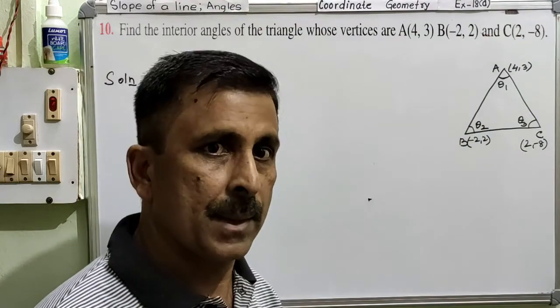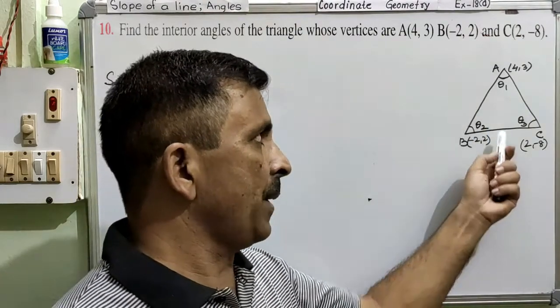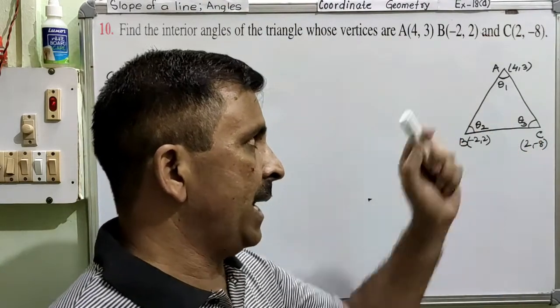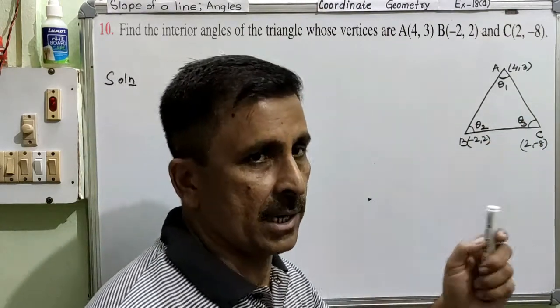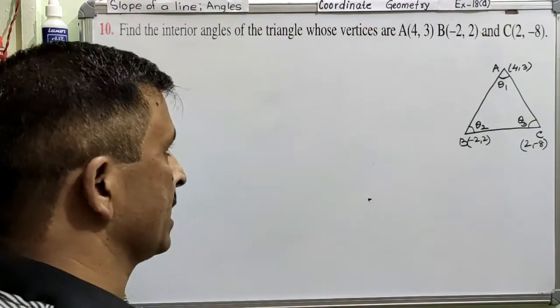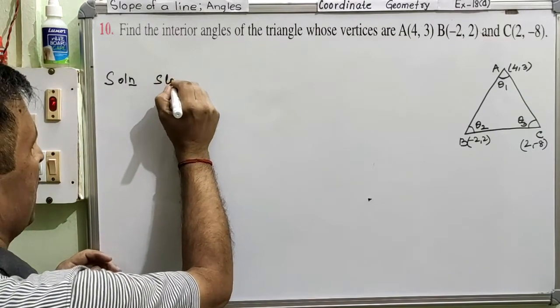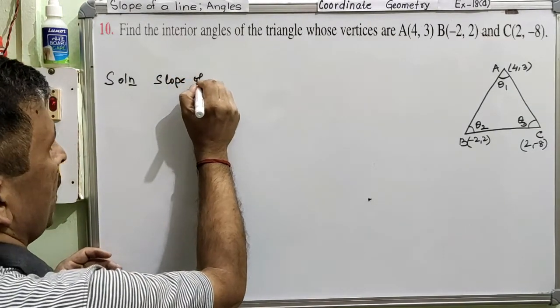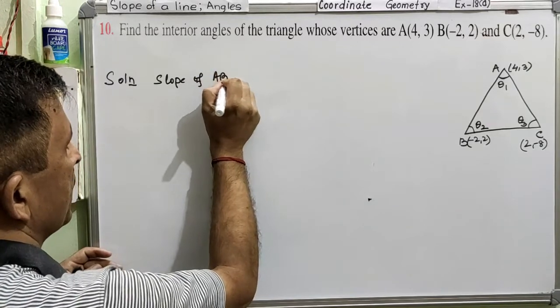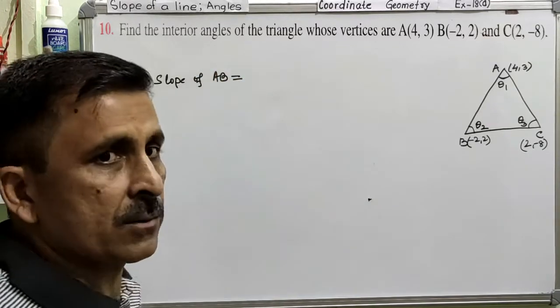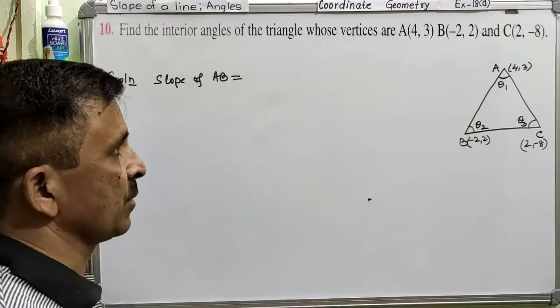Right? So once the slopes of all the 3 sides are calculated, then we will be able to calculate all these angles. So let us first of all start calculating the slope of all the three sides. So slope of AB. You know the formula: y2 minus y1 divided by x2 minus x1, right?